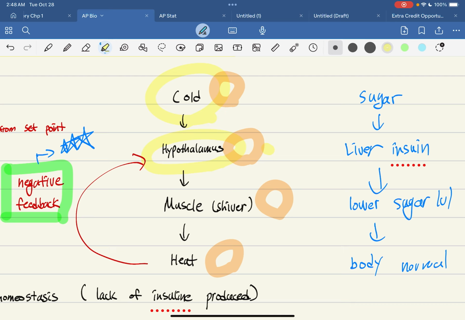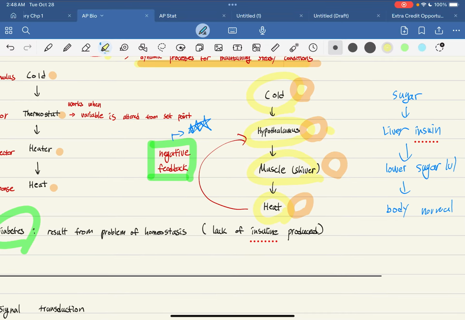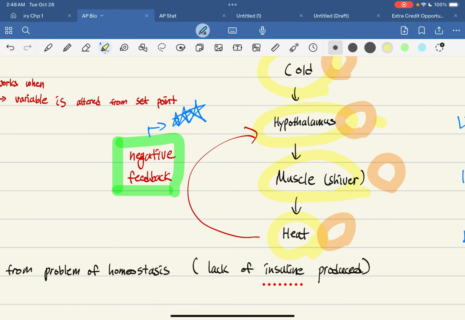The hypothalamus orders the muscles to shiver to create heat, and when the heat reaches a certain level, the hypothalamus tells the muscles to stop shivering, and we call that function negative feedback.